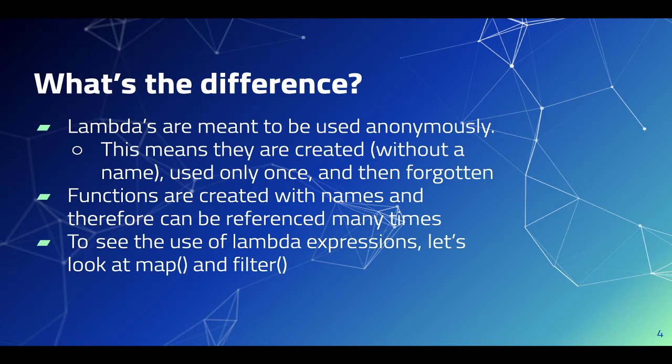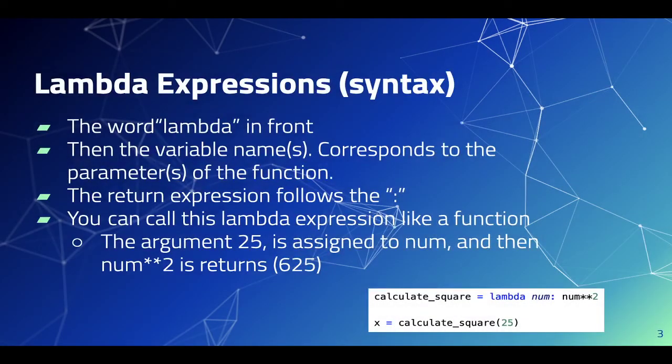Being used anonymously means that you don't actually have to save it in memory, right? So in this case, this kind of defeats the purpose, and I'll talk about that in a couple seconds. But we are assigning this function to a variable, and then that can be called using the function syntax and so on. So it does defeat the purpose, but I'll talk about why lambdas are so useful.